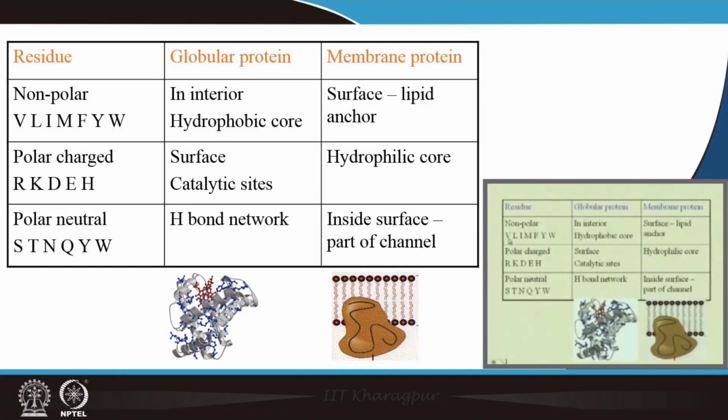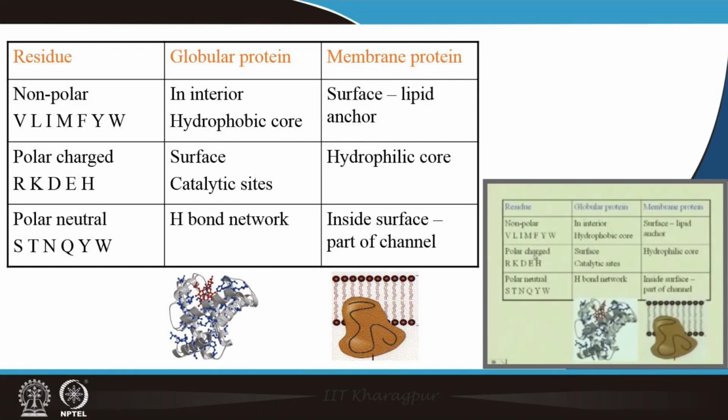I have given the single letter codes for the amino acids here. So, we have valine, leucine, isoleucine, methionine, phenylalanine, tyrosine, tryptophan. In a globular protein, they prefer to be in the interior to form the hydrophobic core. So, they are somewhere here.